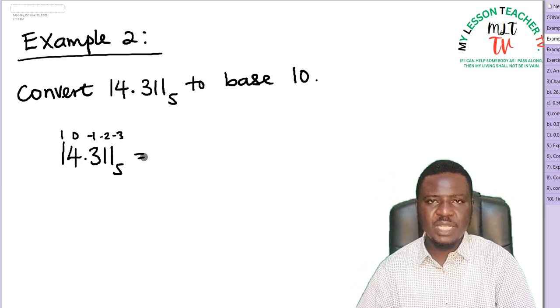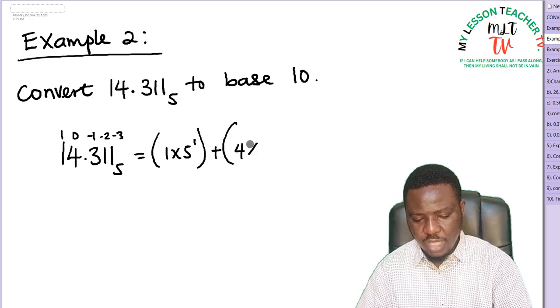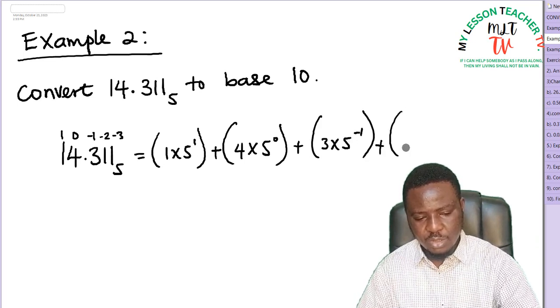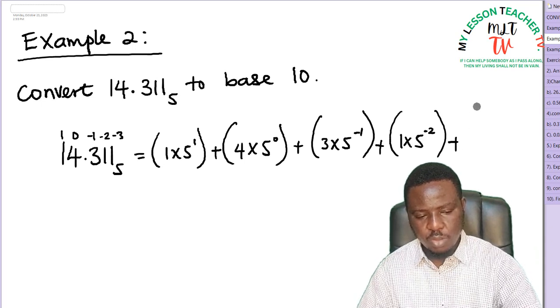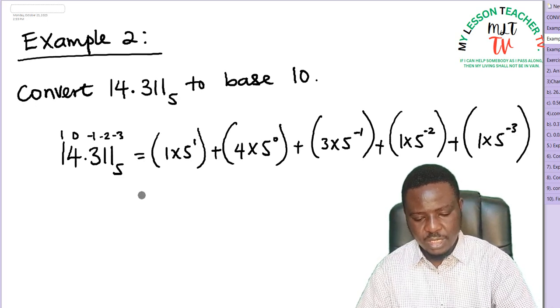So, expressing them in the expanded form, you have 1 times 5 raised to the power of 1, plus 4 times 5 raised to the power of 0, plus 3 times 5 raised to the power of minus 1, plus 1 times 5 raised to the power of minus 2, plus 1 times 5 raised to the power of minus 3.